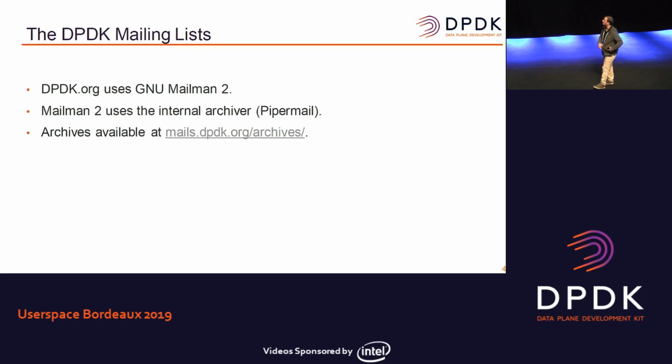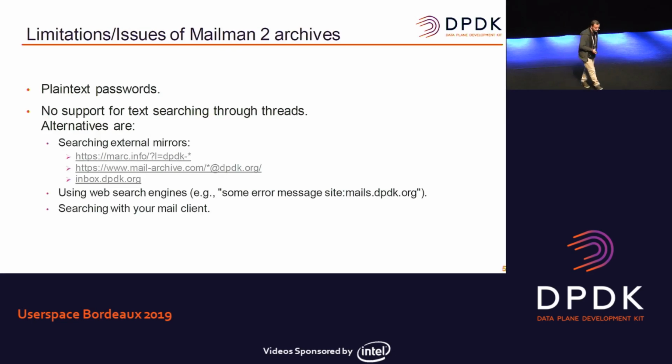So dpdk.org has always used Mailman 2 as the mailing list manager. Mailman 2 uses the internal archiver Pipermail, with archives available at mails.dpdk.org/archives. So there are some limitations and issues of Mailman 2 archives that I'm sure you have noticed before with the DPDK project and with other projects as well.